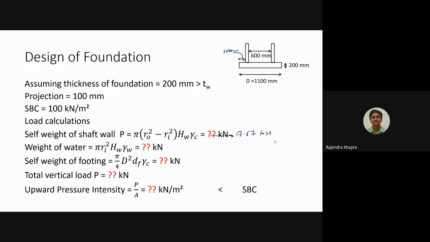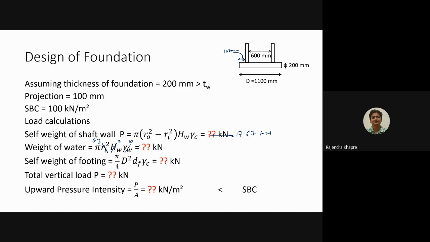Then we have to find out how much is the weight of the water which is inside that particular shaft. Basically we have to calculate the volume multiplied by density. Volume is nothing but area into height, so pi r inner square into height of the water, multiplied by density. So r inner is 0.3, height of the water is 2, density of water is 10.